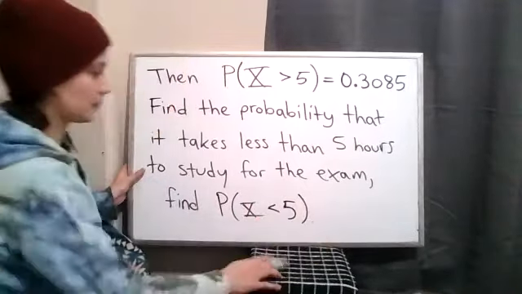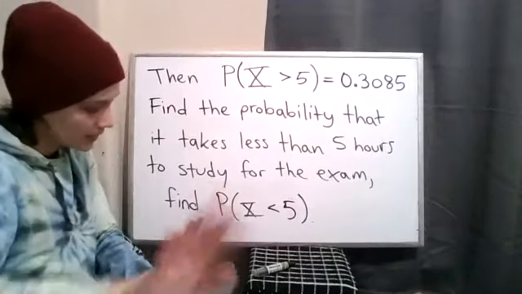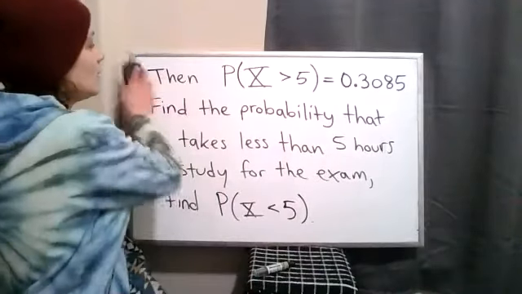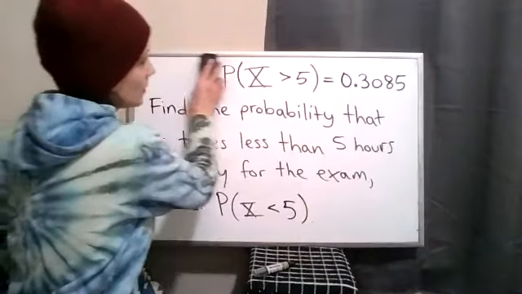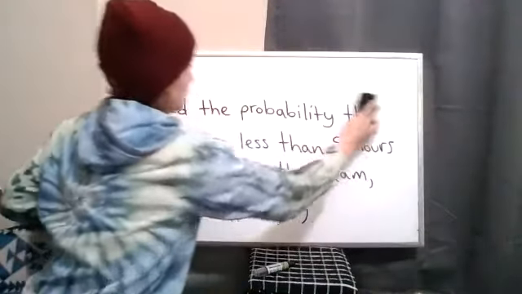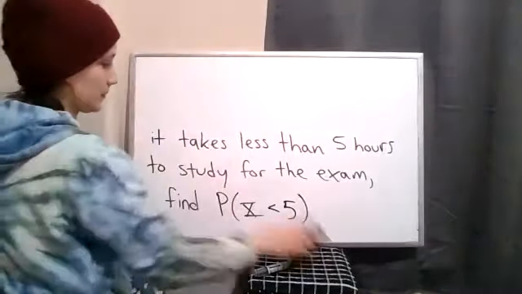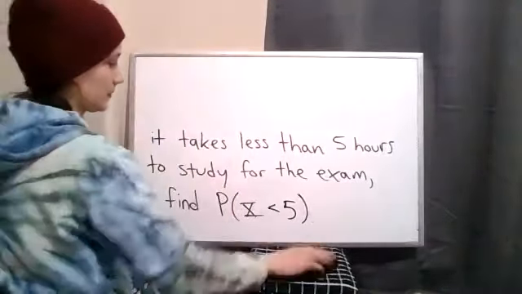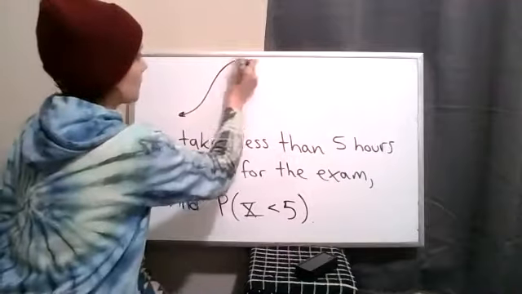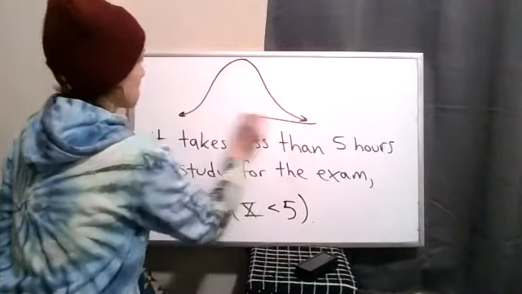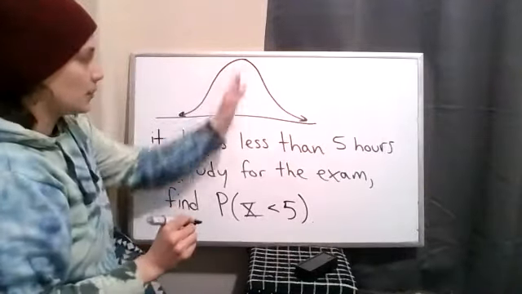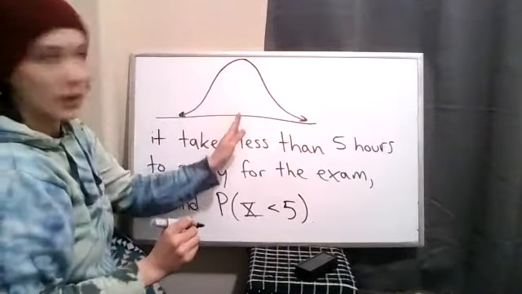Let's see, I think, oh yeah, we've got 10 minutes. So we're going to draw a picture and then we'll work out the problem. And that's it. It's a normal distribution, so bell shape. The mean was 4 hours.